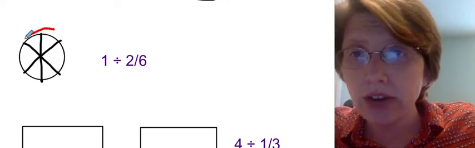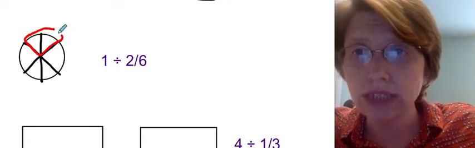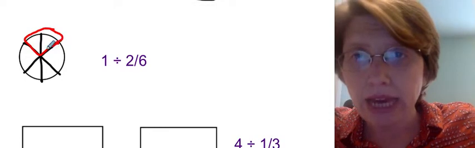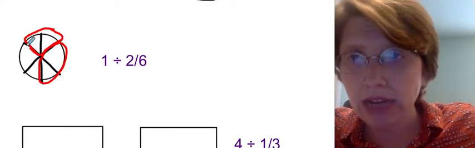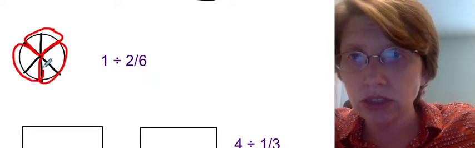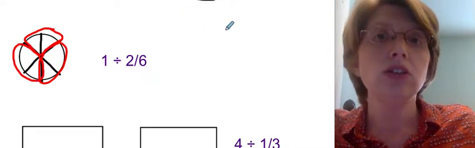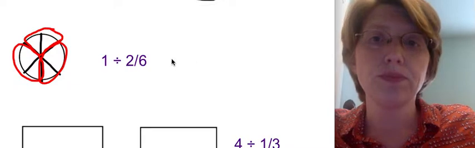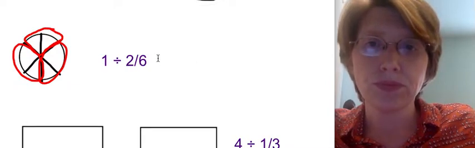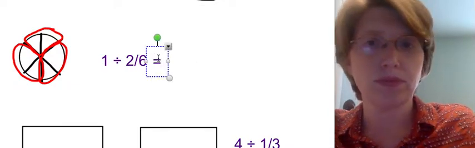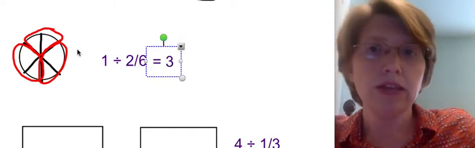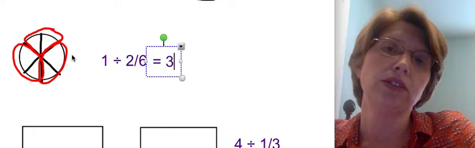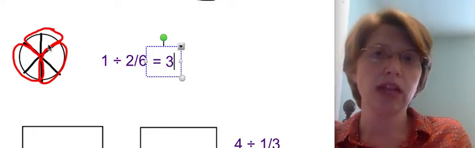So there is 1 2/6. Here is another 2/6. And here is another 2/6. So how many 2/6 are there? There's 3, right? There's 3 2/6. If I split 1 into 2/6, I wind up with 3.